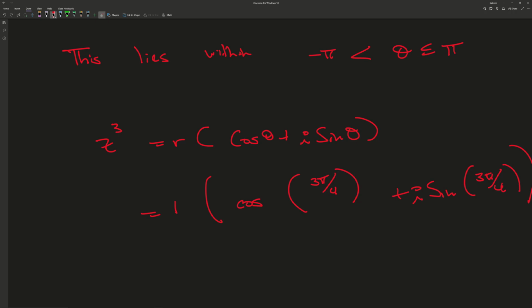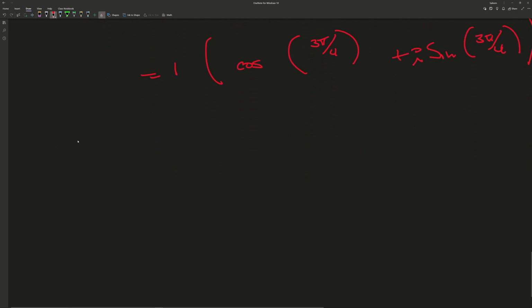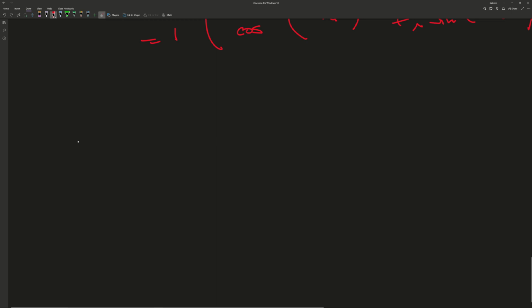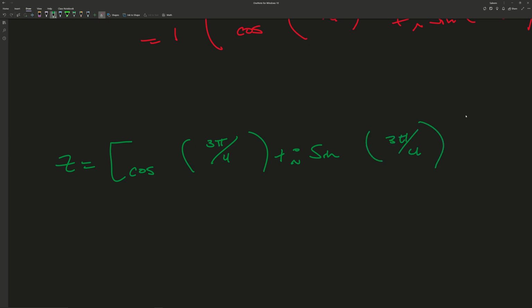Finally, we're done. Well, not quite. We still need to apply De Moivre's theorem to this, right? So for the De Moivre part, let's change our color. Let's use green, so we can tell the difference. All of that before in red was finding the polar form, the modulus and argument. Now we're going to write it as cos of 3 pi upon 4 plus i sine 3 pi upon 4, of course, to the power of 1/3.